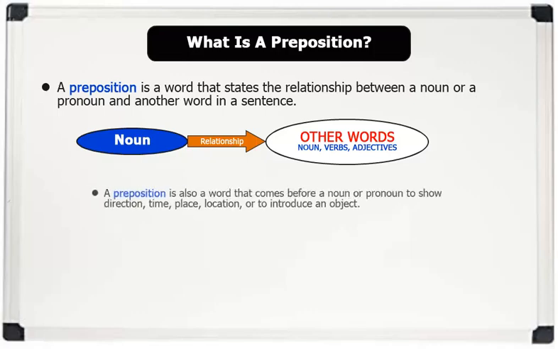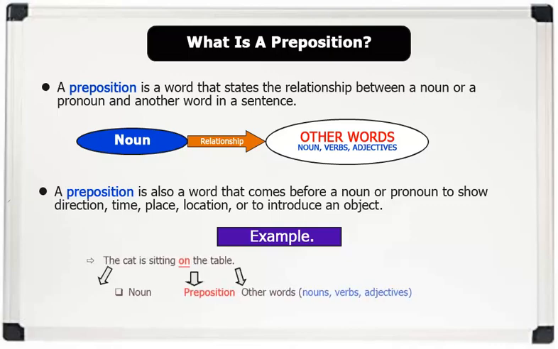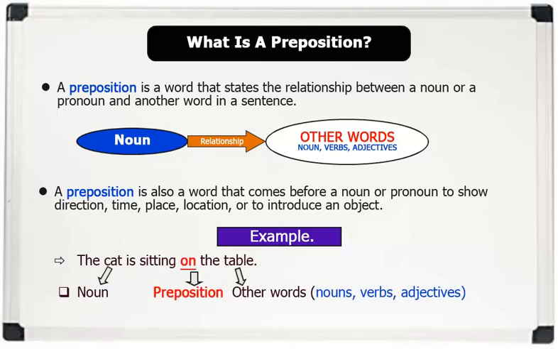A preposition is also a word that comes before a noun or pronoun to show direction, time, place, location, or to introduce an object. Example: the cat is sitting on the table. Note, the relationship between the cat sitting and the table is on. Hence, the preposition is on, showing the relationship between the cat sitting and the table.